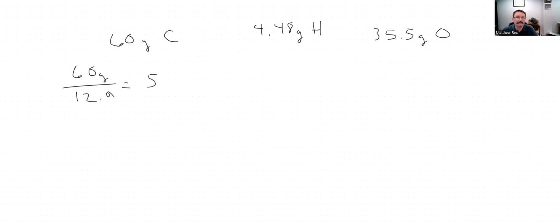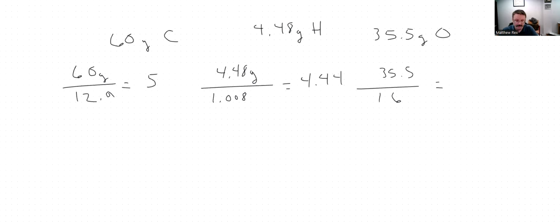Hydrogen divided by 1.008. And the oxygen divided by 16. And we get 2.21875.